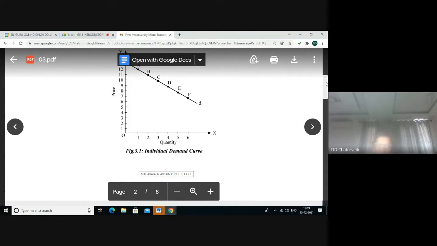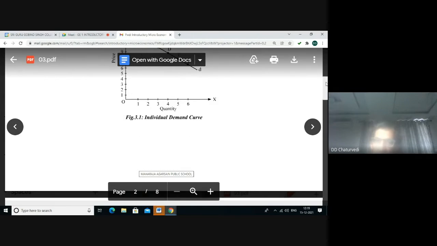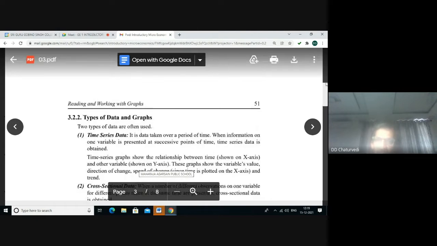Individual demand curve has been shown in figure 3.1, where the price of the commodity is shown along the y-axis or vertical axis. Quantity demanded is shown on the horizontal axis or x-axis. This demand curve is linear, but we can think of a non-linear relationship also between price and the quantity demanded. Similarly, we can think of an individual supply curve.